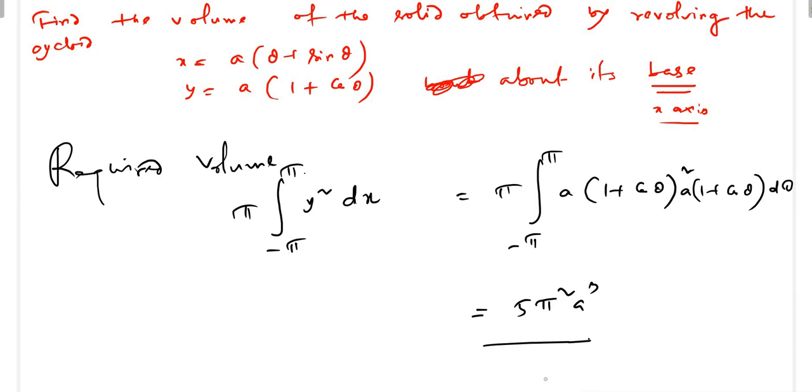Let me solve a problem which is similar to this. Okay.